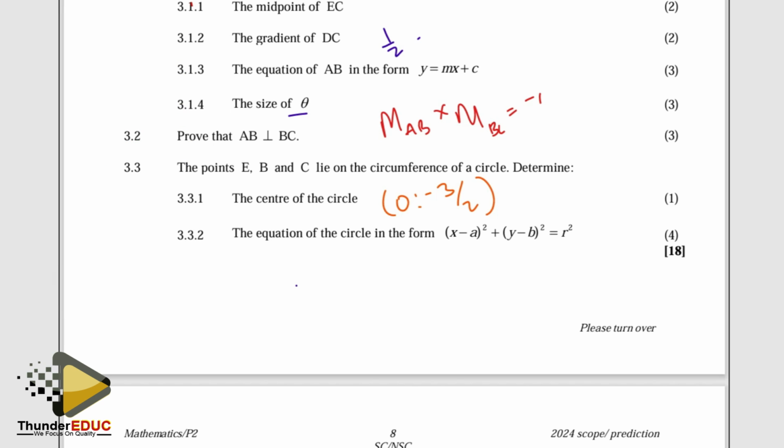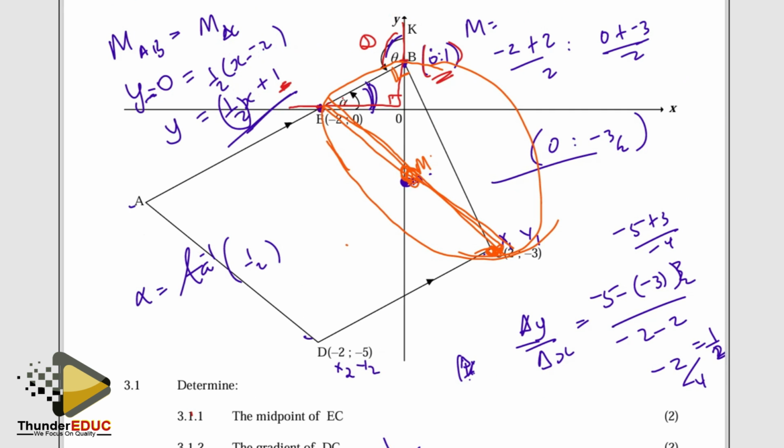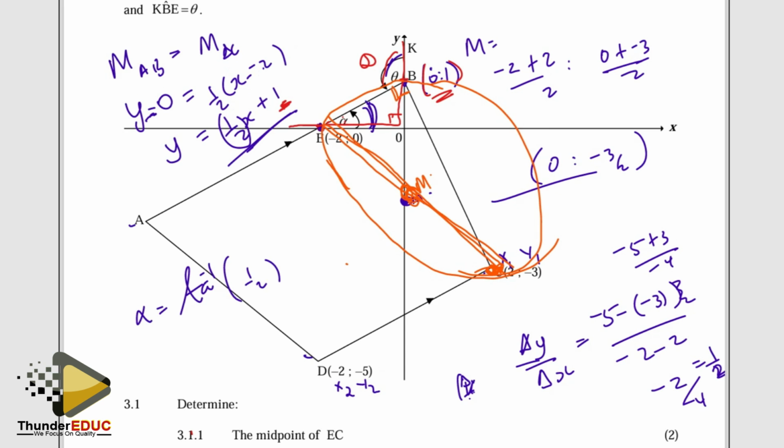Then the equation of the circle in this format. Since we have the center, all we need is the radius or the distance. It's your choice. Either get the total distance and divide by 2, or you can get just the radius alone.